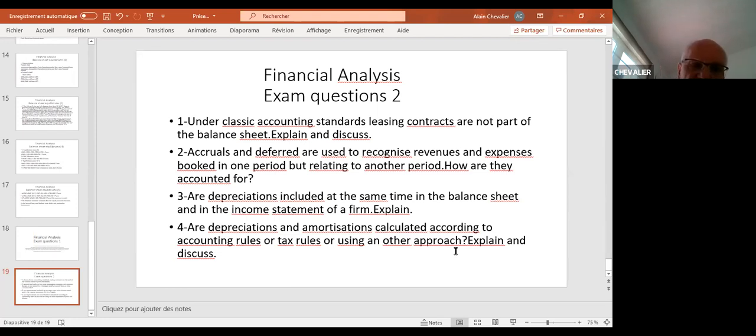Accruals, of course, if it's paid in advance, and deferred if it's paid late. And this will allow to balance the balance sheet and the accounting integration of the situation into the accounting system.